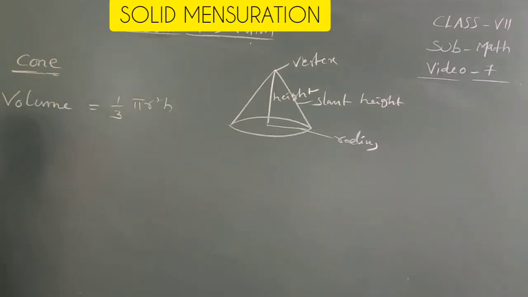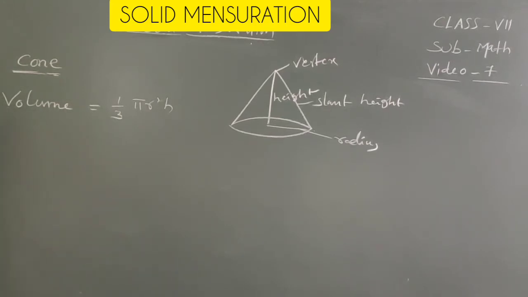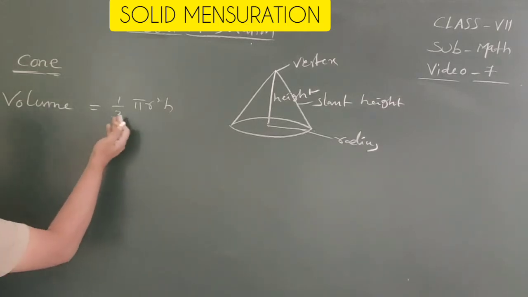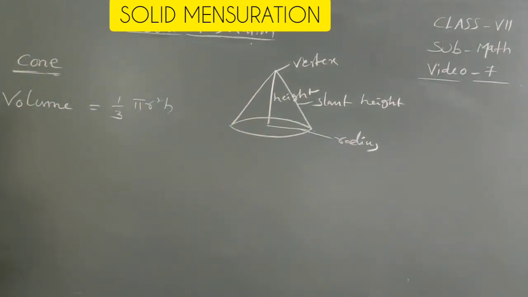Take one cylinder with the same height as a cone, pour water into the cylinder, then 3 times the cone's capacity is equal to the capacity of the cylinder. That is the only proof for cone. Here volume is 1/3 of a cylinder, that is 1/3 pi r square h.